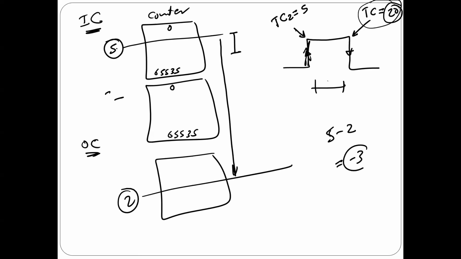Any questions? So in this case, how can I correctly get the number of counts? Very simple. As I'm going to explain later, that is why I have to take into account how many overflow interrupts I had here.